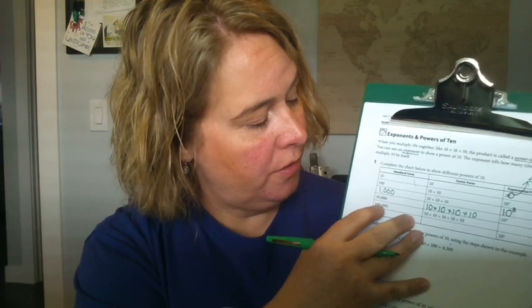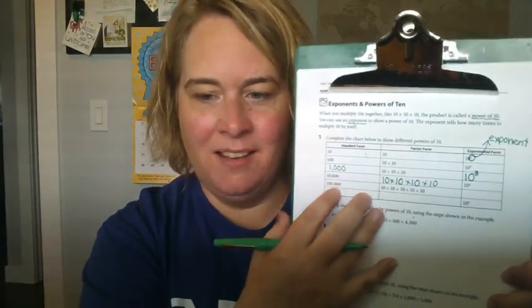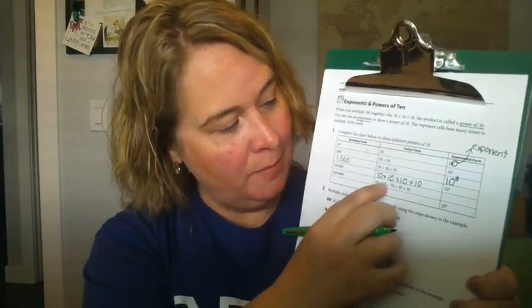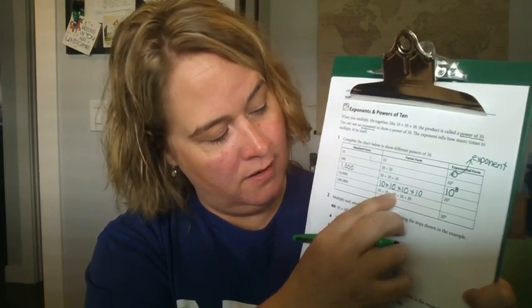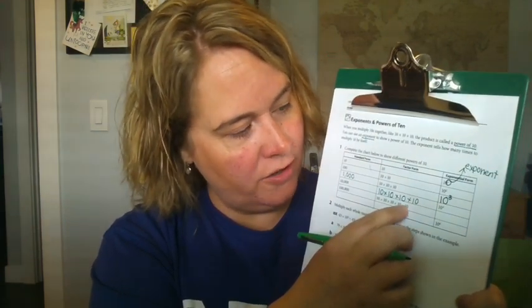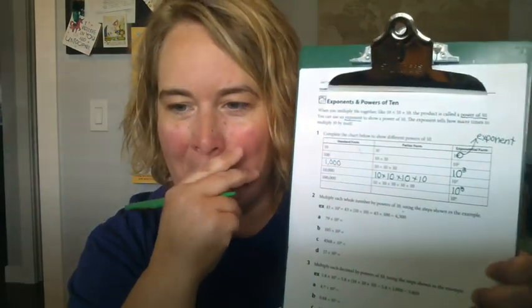Now we have 100,000. Again, we could count those zeros. 1, 2, 3, 4, 5. Or I could think about how many times did I multiply 10? 10 times 10, 100, 1,000, 10,000, 100,000. And there's 1, 2, 3, 4, 5. So I have 10 to the fifth power.